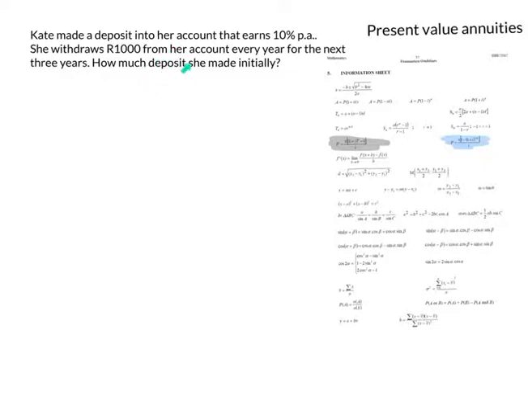If you see a deposit, it does not mean that I must use the future value formula. Understand the difference now. I'm talking about the X in the future value, the X deposit that is made.